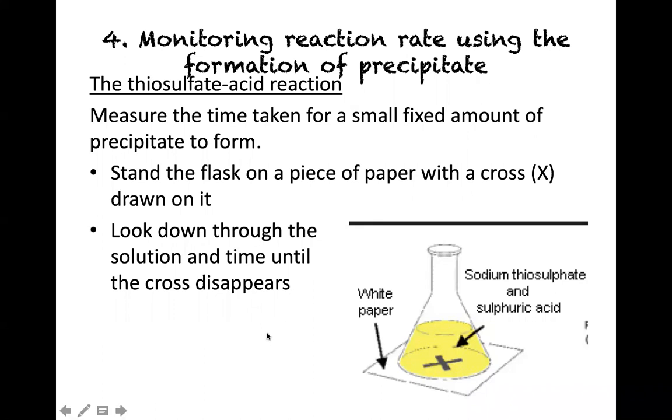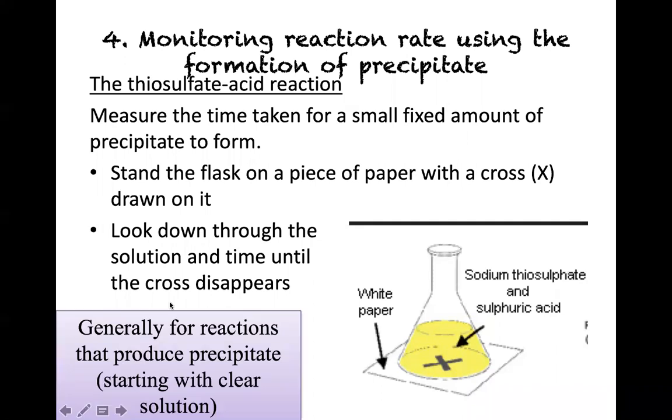And then you add your reactants, sodium thiosulfate and sulfuric acid, and then you will record the time for the sulfur precipitate to form. Okay, when do you stop? When the bottom of your beaker is completely covering the writing on the paper.